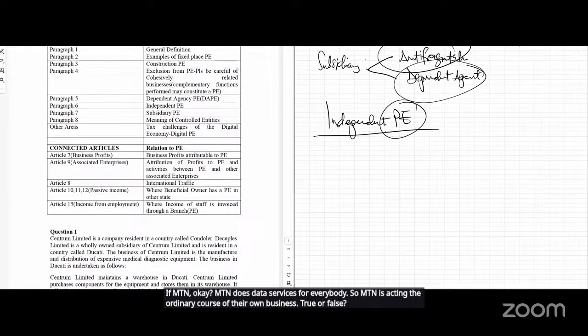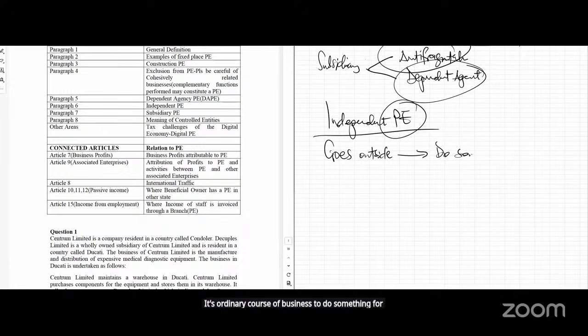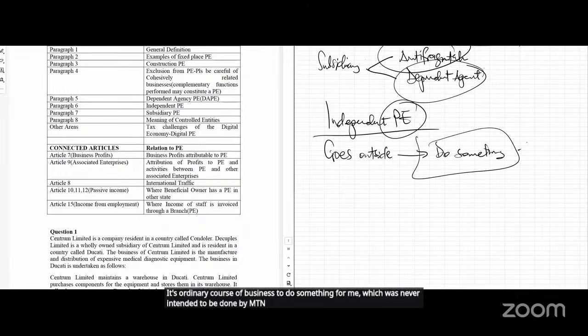So assuming I use MTN to do data services, does it create a PE? No, it doesn't create a PE. But however, if MTN goes outside its ordinary course of business to do something for me, which was never intended to be done by MTN, then it can create a PE.